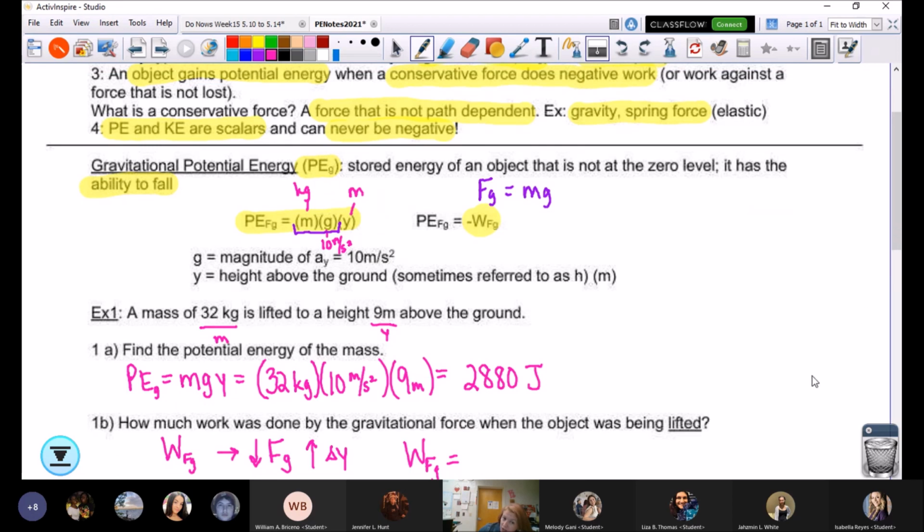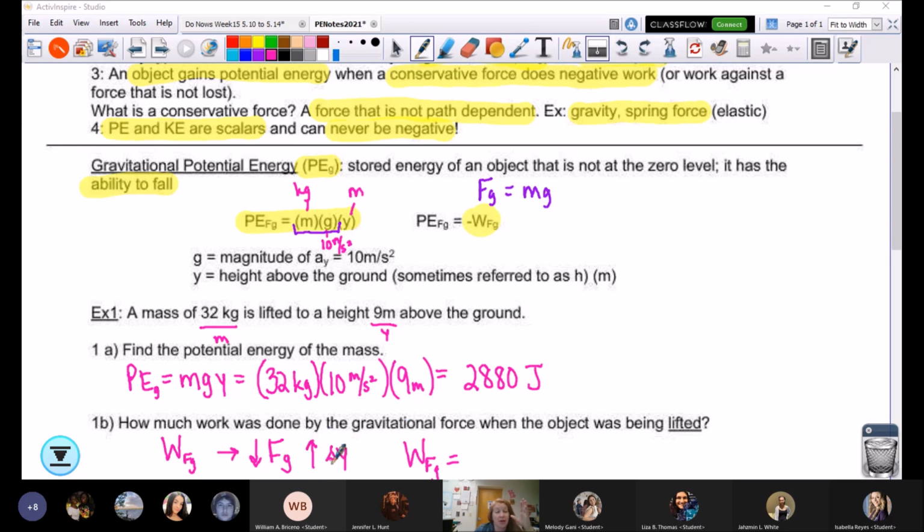Part B says, how much work was done by the gravitational force when the object was being lifted? So we know the force of gravity is going down, and the displacement, our delta y for the object being lifted, is in the upward direction.